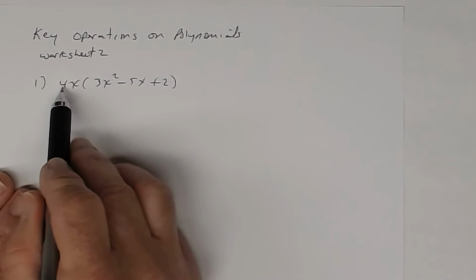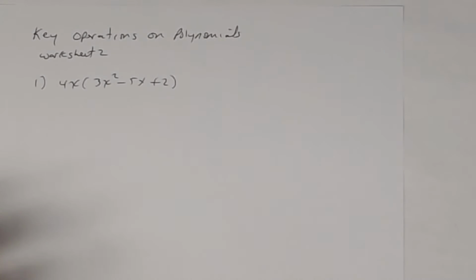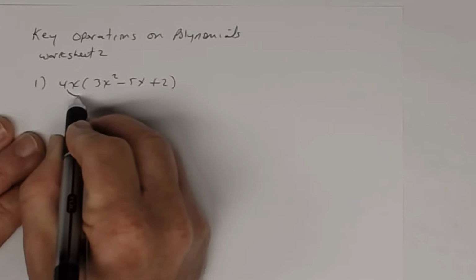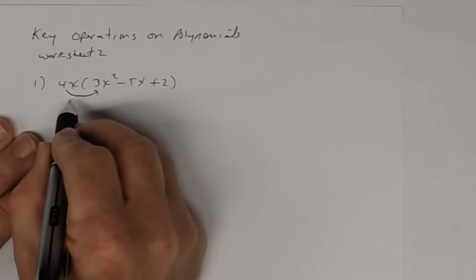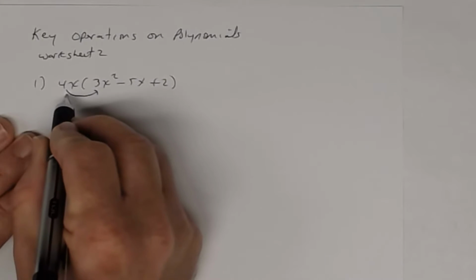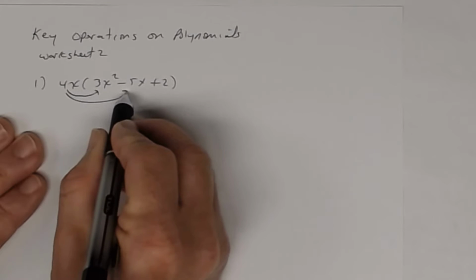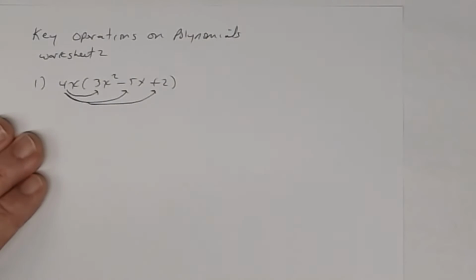Whenever you have a monomial times a polynomial, the best way to multiply this is to use the distributive property. So when I use the distributive property, we think like this. Remember, this is 4x times, so that's why we're multiplying. You're saying 4x times 3x squared, and then 4x times a negative 5x, and then 4x times a positive 2.